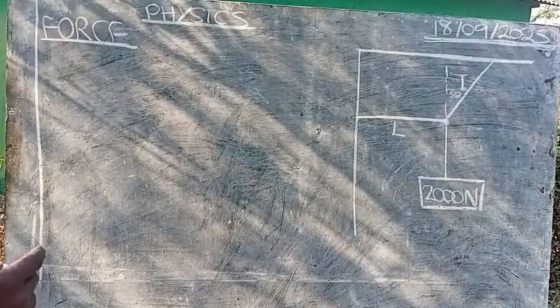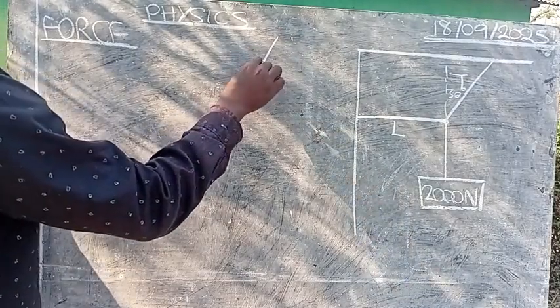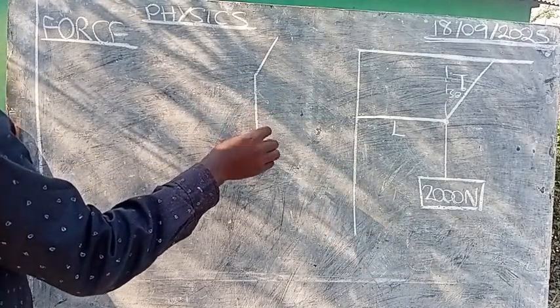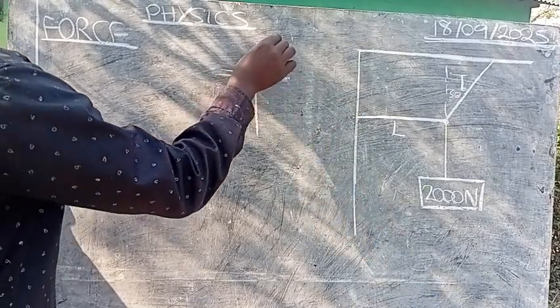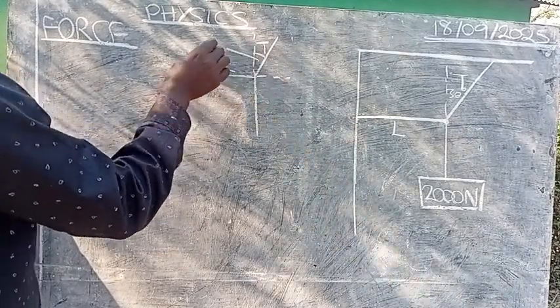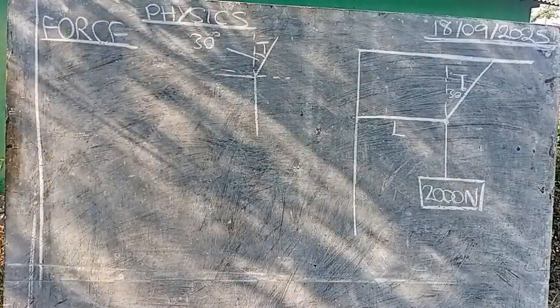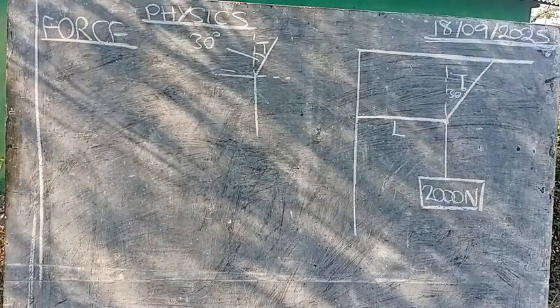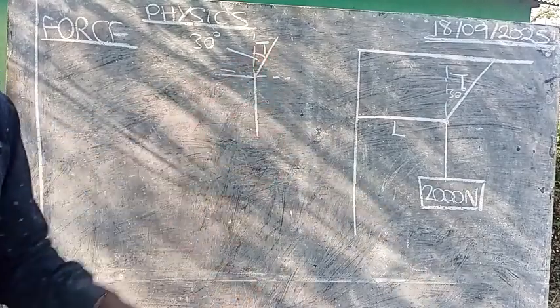So step one, we draw the free body diagram, which is going to be like so, at an angle of 30 degrees. So after drawing the free body diagram, we have to resolve the components of the tension.